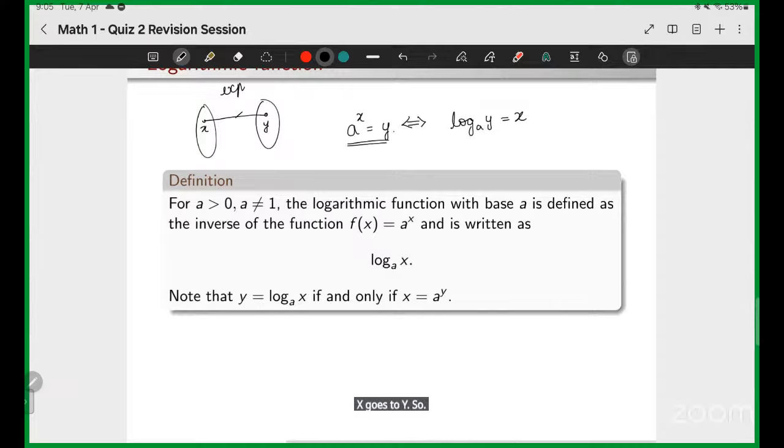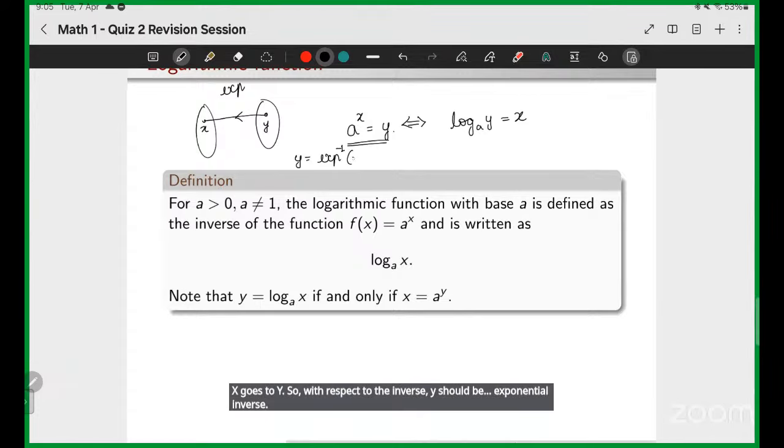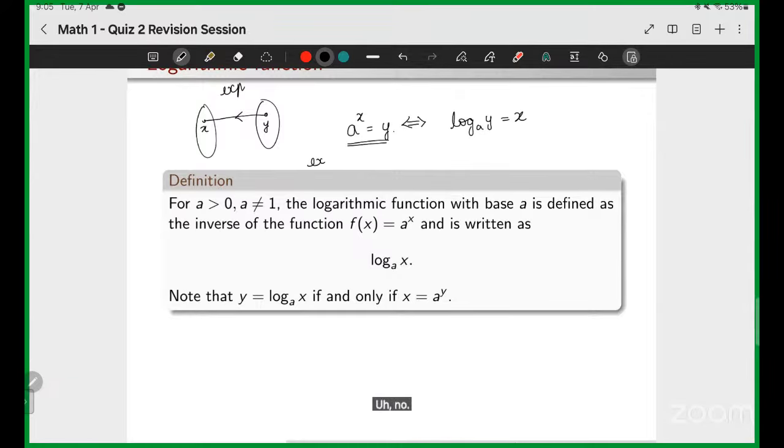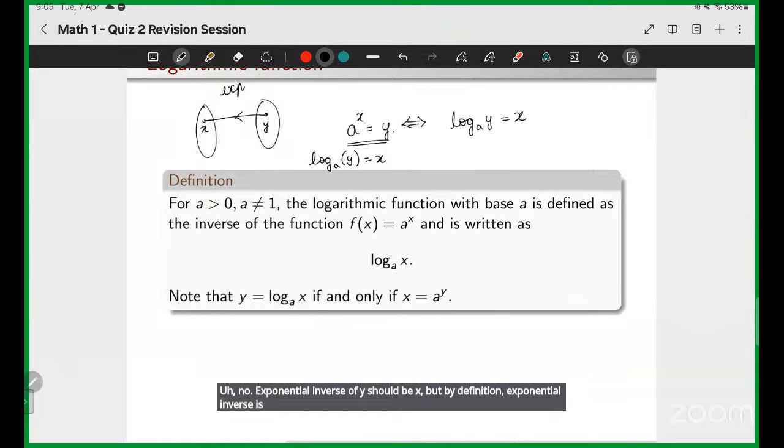So with respect to the inverse, exponential inverse of y should be x. But by definition, exponential inverse is log to the base a.